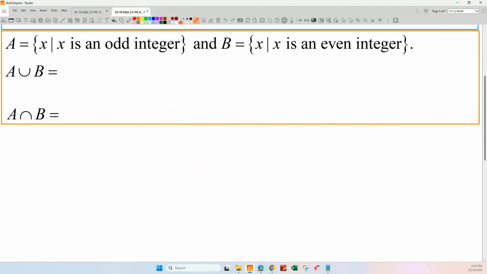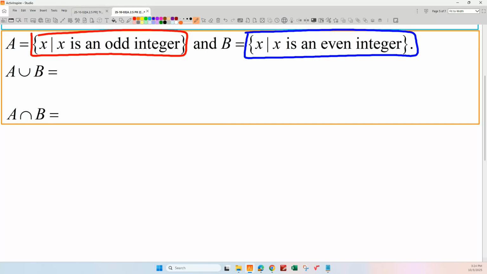So if we made these red, let's say, and we made these blue, then the union is going to be something like... It's every integer, right? Everybody see that?